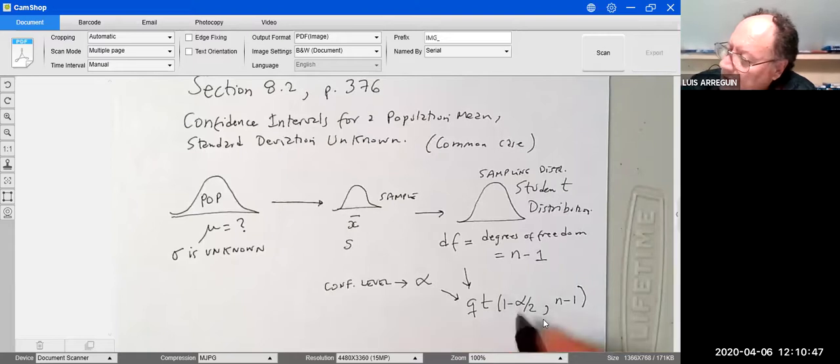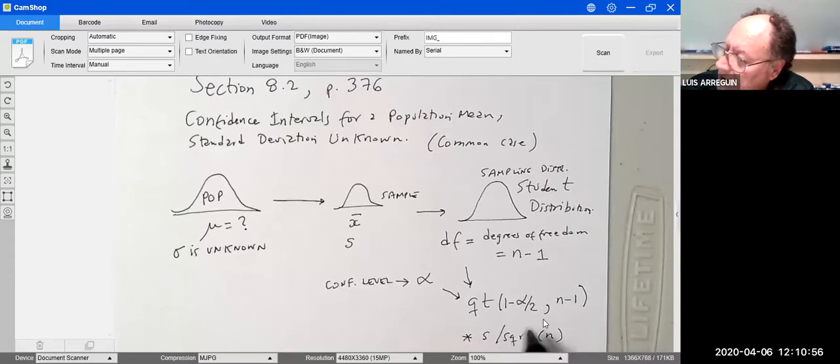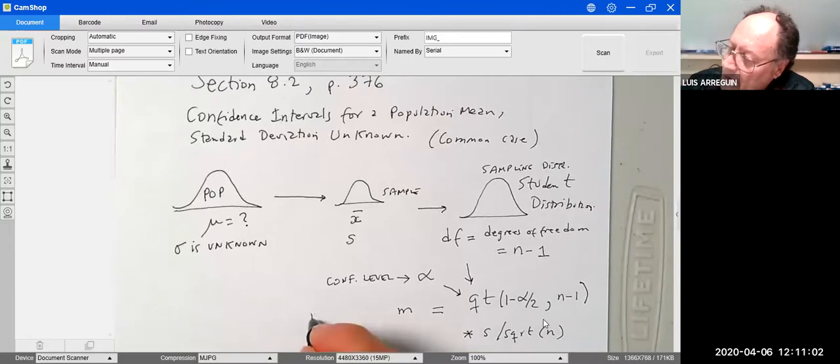We're going to multiply this by s over square root of n, and by doing this, this is going to be equal to the margin of error m. So this time we're going to compute the margin of error.